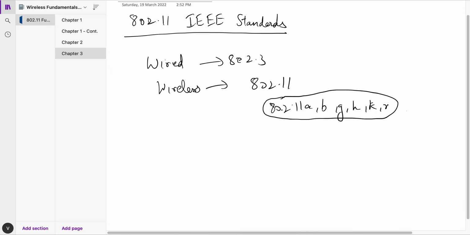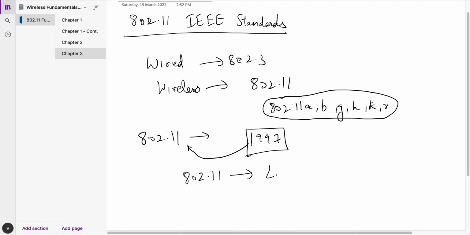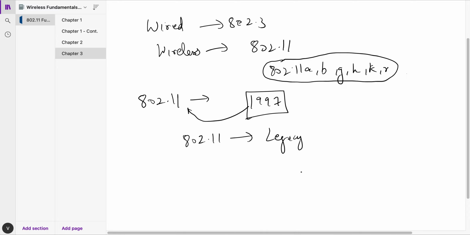So when we say 802.11, we are of course talking about Wi-Fi, but we are talking about from a time in the year 1997 when the standard came to light, and we call 802.11 the legacy standard because after that we also came across a few new standards: 802.11b, 802.11g, 802.11a, so on and so forth.